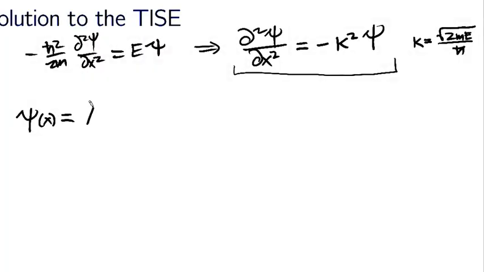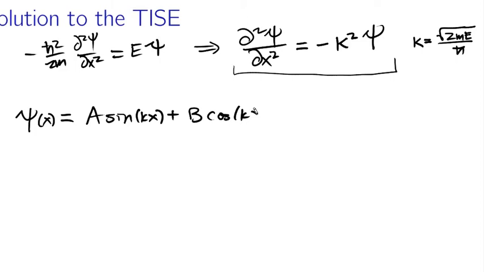So this is the ordinary differential equation that you're familiar with for things like masses on springs. And what you get is oscillation. Psi as a function of x is going to be A sine kx plus B cosine kx. And that's a general solution.